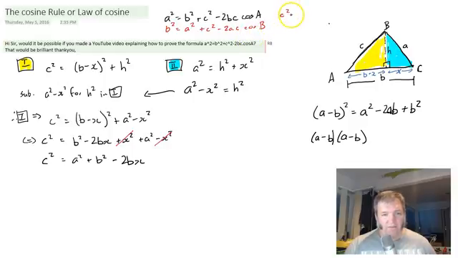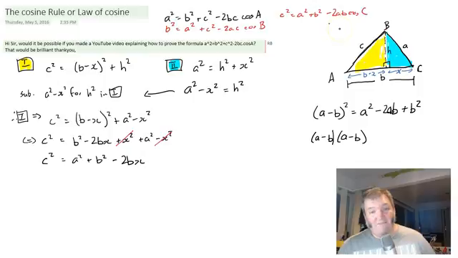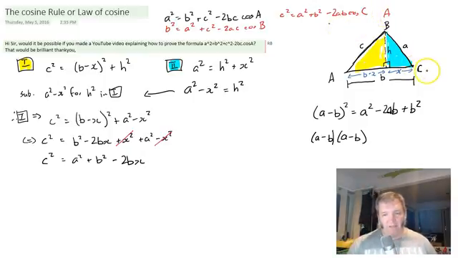Or c squared equals a squared plus b squared minus 2ab cosine of c. It really doesn't matter, does it? You can see I could just go ahead and change the labels, put a there, b there, and c there, and I'd have little a over here, little b up there, little c there, and it would still work the same way. So the letters are a little bit arbitrary. What's important is that we've shown that it works for any generic value.